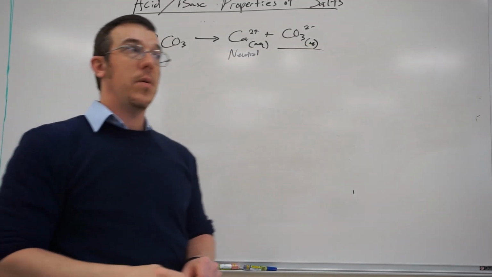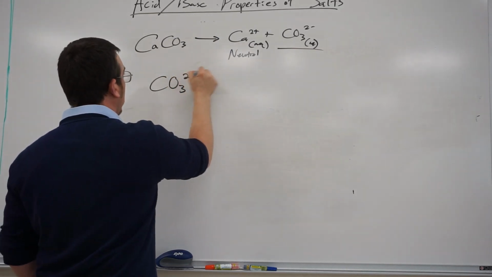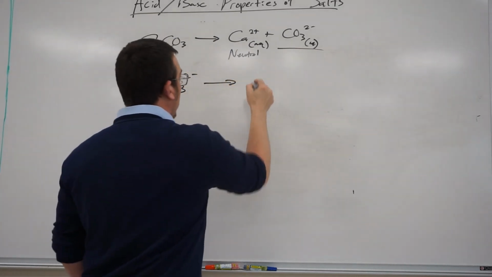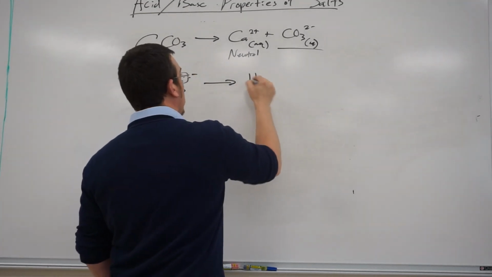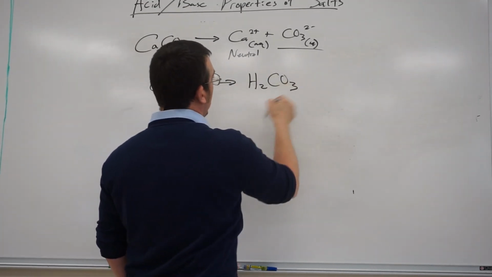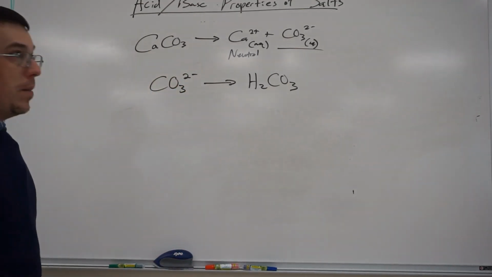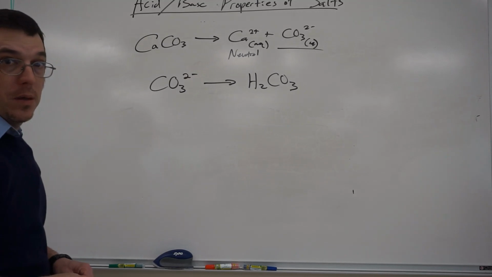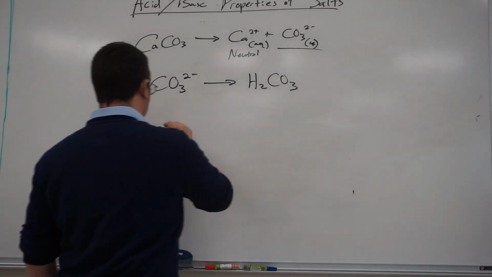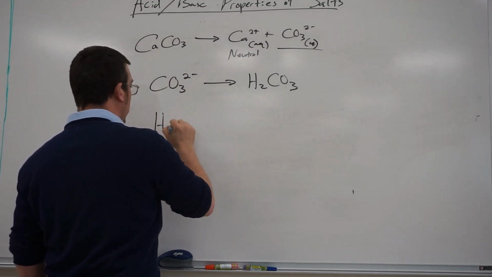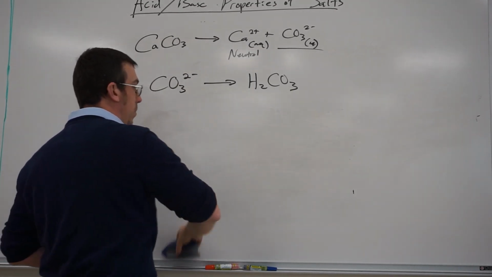Now, where does carbonate come from? Carbonate, CO3 2-, comes from bicarbonate or carbonic acid, either one. So in this case, we just go back to carbonic acid. This kind of helps us to determine what type of compound carbonate is. So carbonic acid will form an equilibrium. And I'm not going to show the equilibrium in this case because it's a little bit more involved.